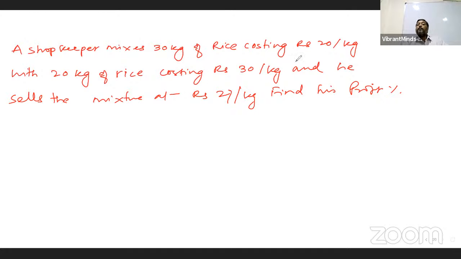So 30 kg he has bought at 20 rupees per kg. So the cost price of this variety is 30 into 20, that is 600. Again, he has bought 20 kg of rice at 30 rupees per kg, so the cost is 600.